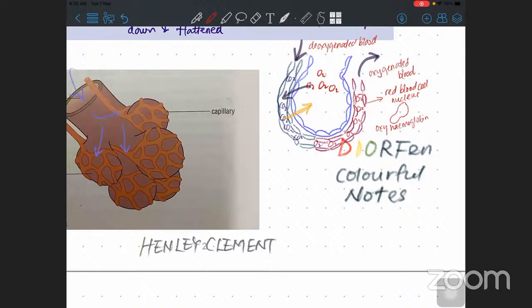The features of this one: we have one cell thick, slightly moist, and constant movement of the bloodstream.